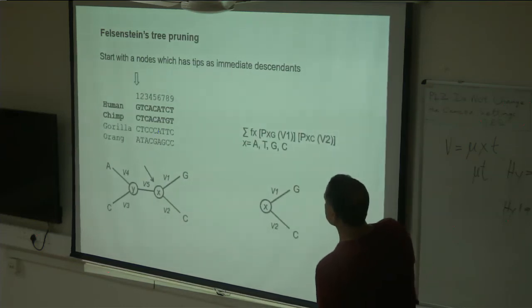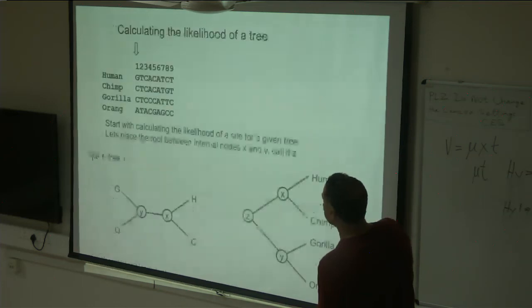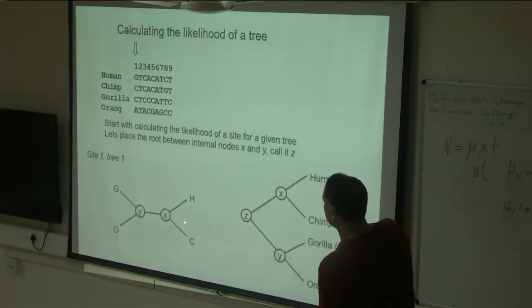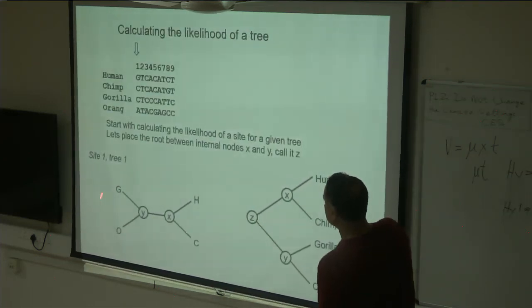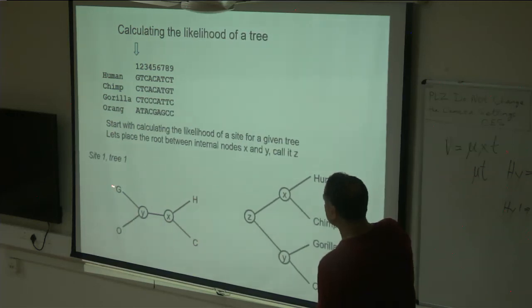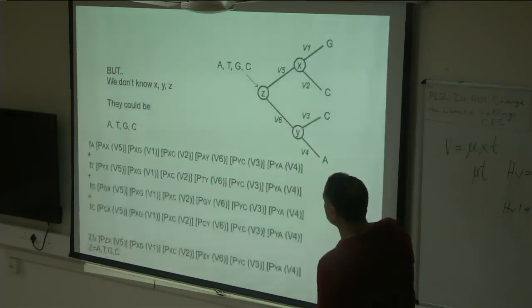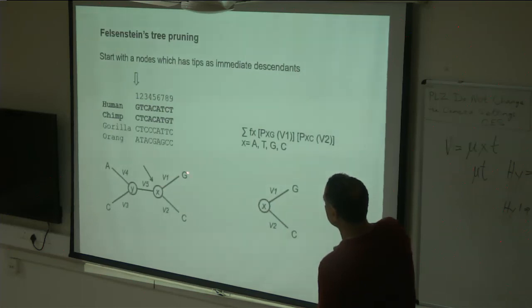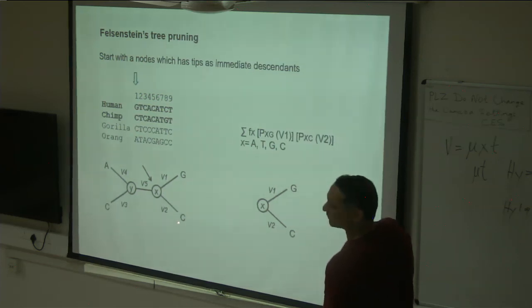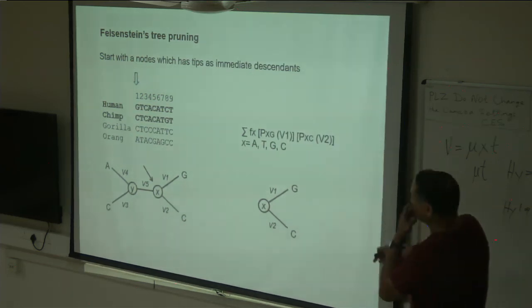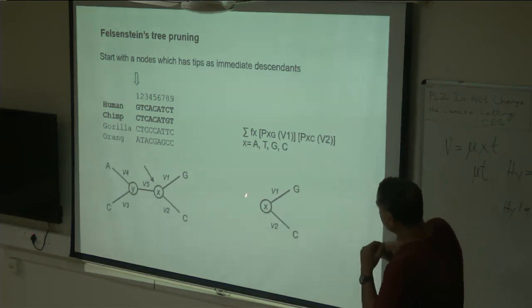Sorry, those are the bases. So this tree is, I suppose, that tree, right? So human, chimpanzee, gorilla, orangutan. For the first site, human is G, chimpanzee is C. Anyway, now let us just look at this tree.